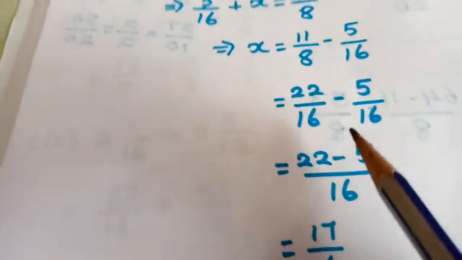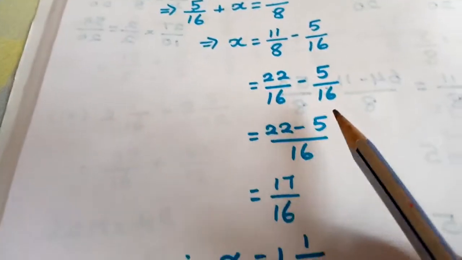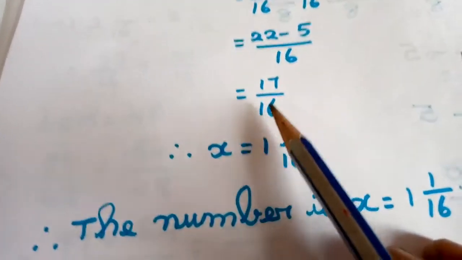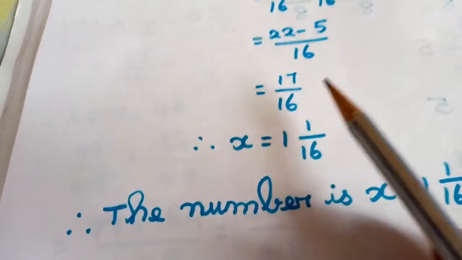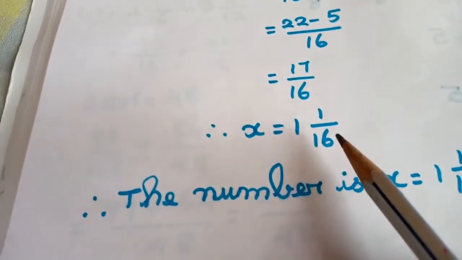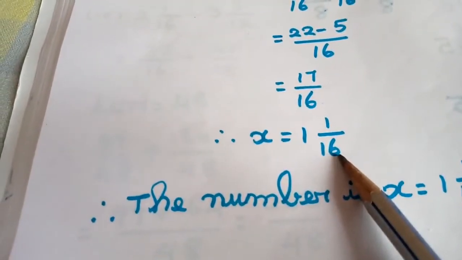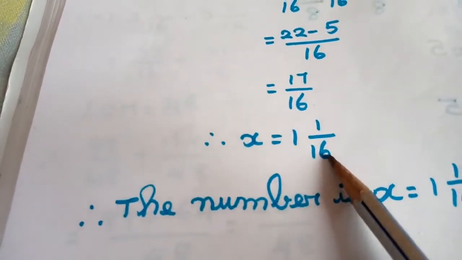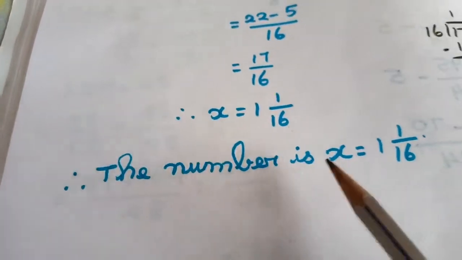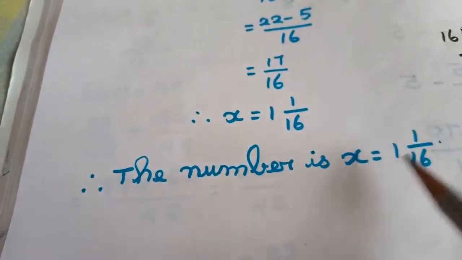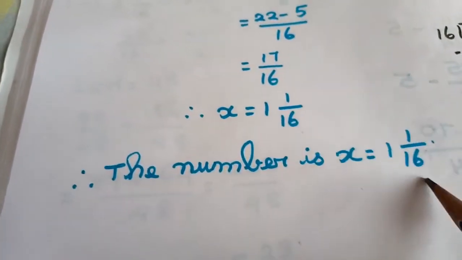Make the denominator the same by taking the LCM. After making the denominator the same, your final answer is going to be 17 by 16. In this case, I am going to convert this into a mixed fraction. While converting this into a mixed fraction, you are going to get 1 by 16. Therefore, x is equal to 1 by 16.